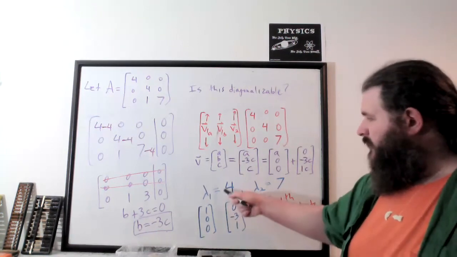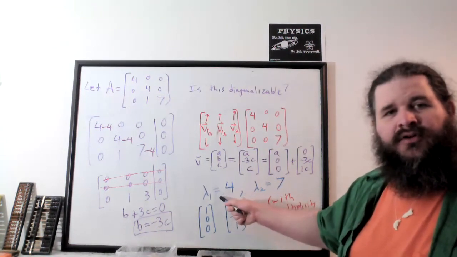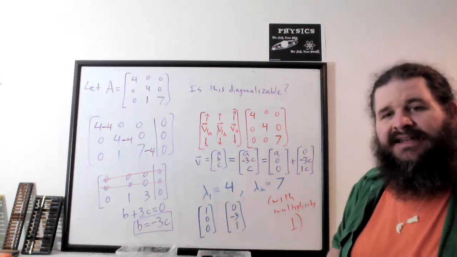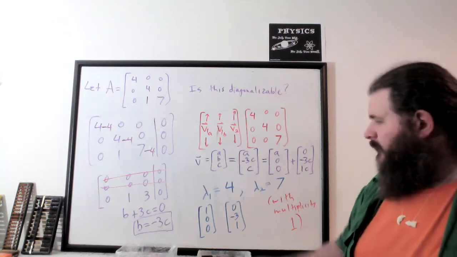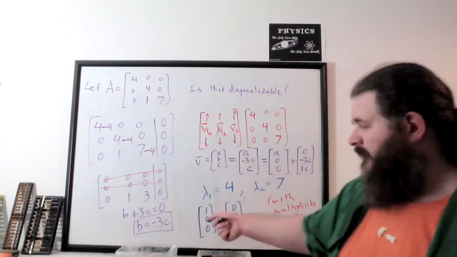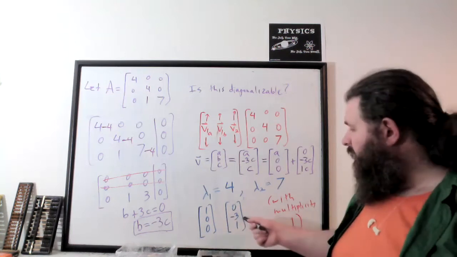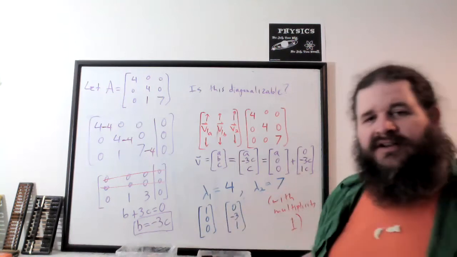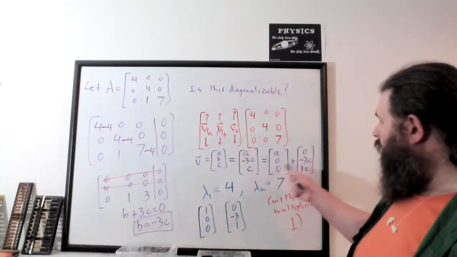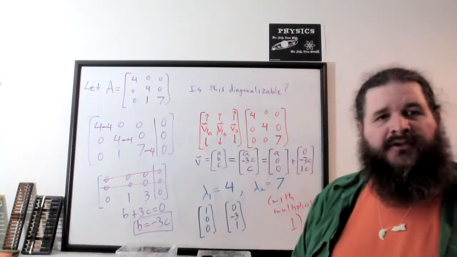So it turns out that this eigenvalue, which had multiplicity 2, actually does lead to two genuinely linearly independent eigenvectors. Anything in the 1, 0, 0 direction is an eigenvector, because any multiple of that will also work. Anything in the 0, -3, 1 direction is also an eigenvector. But also all possible linear combinations of them will work.